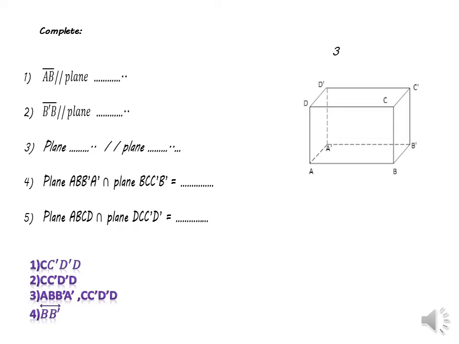This line is BB', and we need to find the intersection between ABCD and DCC'D'. They will intersect at C.